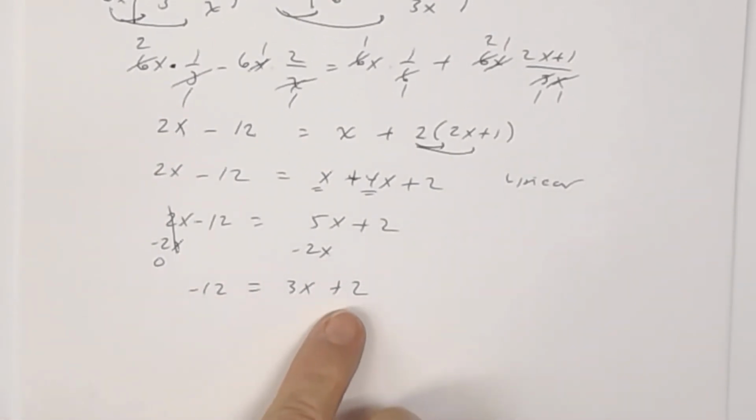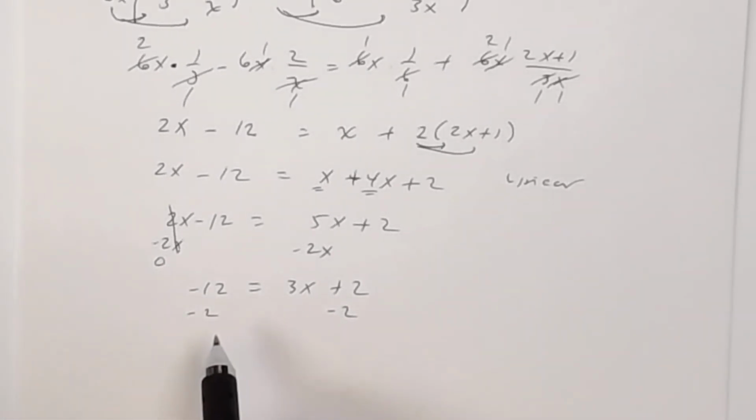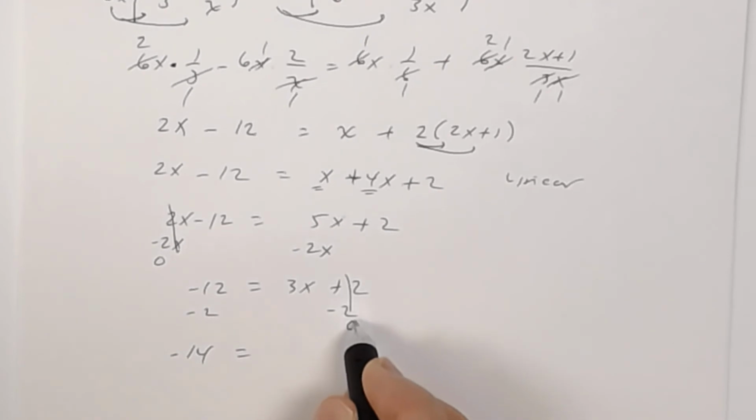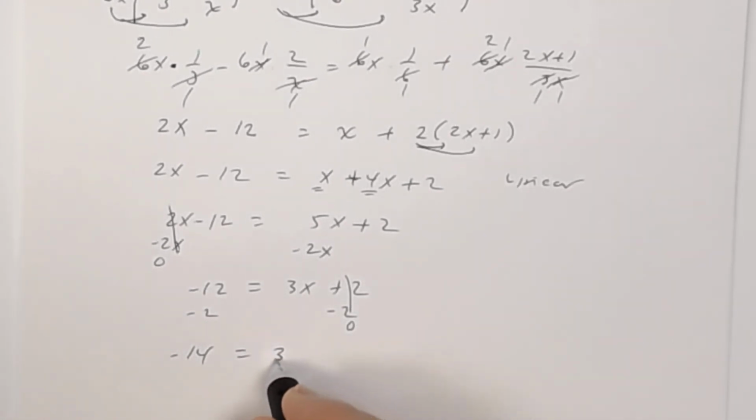Okay, now we've got to bring this constant to the other side. Right now I'm adding 2. The opposite is to subtract 2. And then let's combine like terms. What you do to one side, you do to the other. A negative 12 and a negative 2 is a negative 14 equal, this is 0 because 2 and a negative 2 is 0. 3x plus 0 is still 3x.